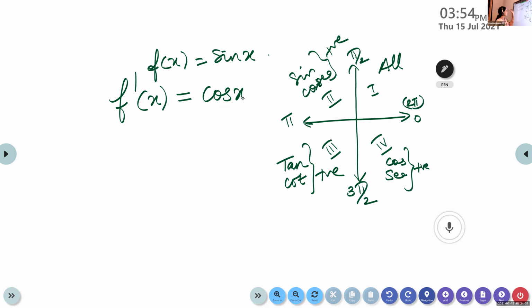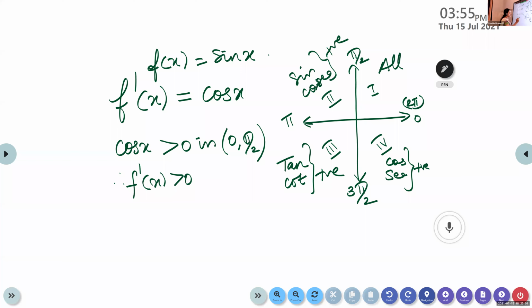We know that cos x is positive in the interval 0 to pi by 2, because in the first quadrant all the trigonometric ratios are positive. So f dash of x is positive in the interval 0 to pi by 2. Therefore f of x is increasing in the interval 0 to pi by 2.